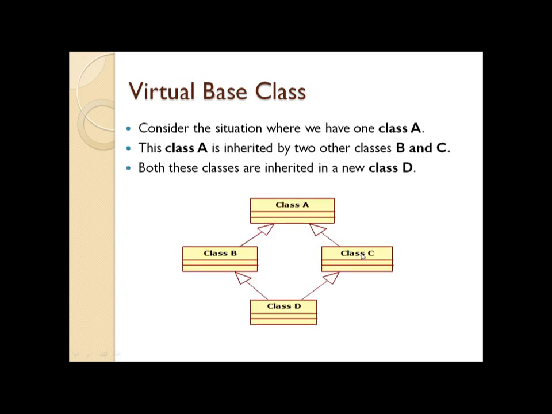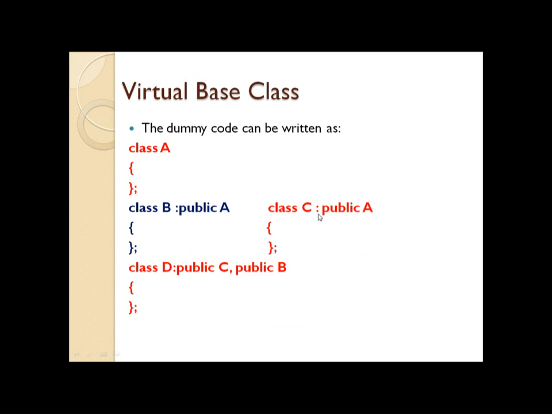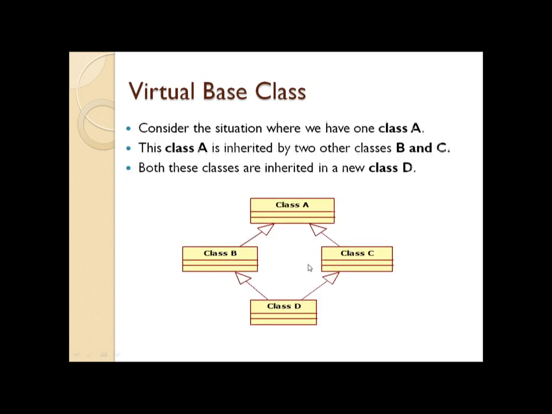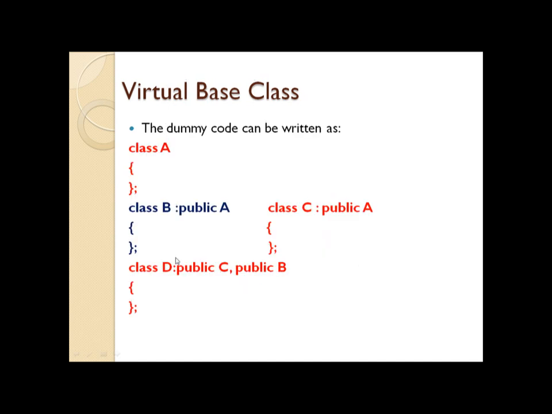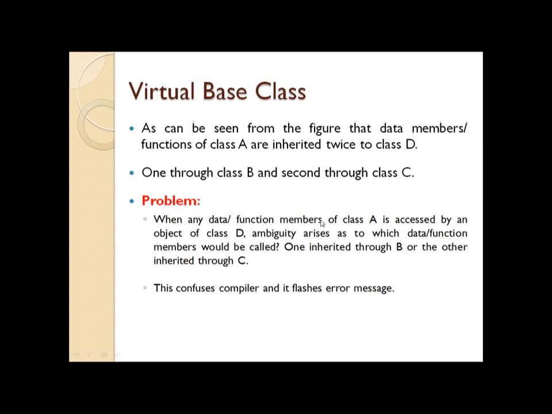Similarly we are deriving class C from class A, that is why we have written class C colon public A. Class D is derived from class B and class C, therefore class D : public C and public B. Here we are applying multiple inheritance, whereas the upper portion indicates the concept of hierarchical inheritance.